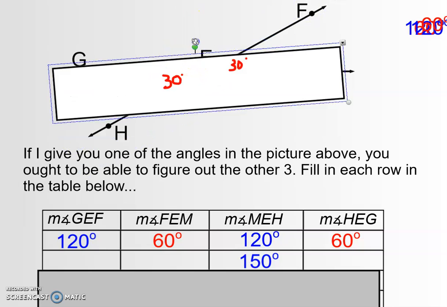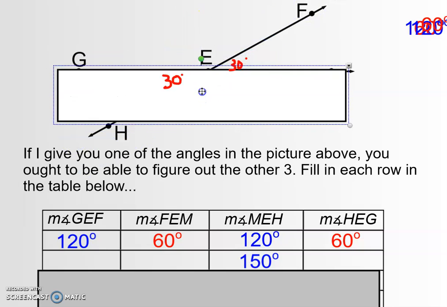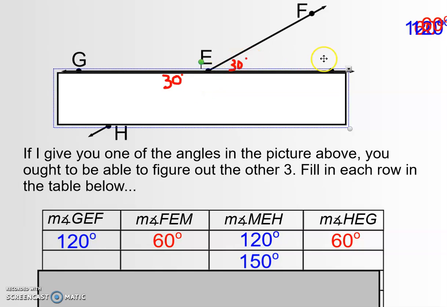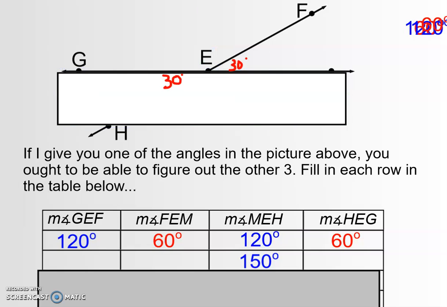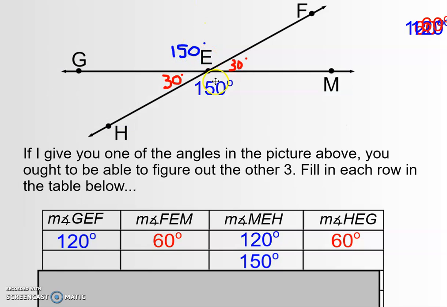We could cover up different parts. If I cover up the bottom of this picture, we see another straight angle, which is 180 degrees. And so, let me grab my pen. So if this is 30, this would have to be 150.